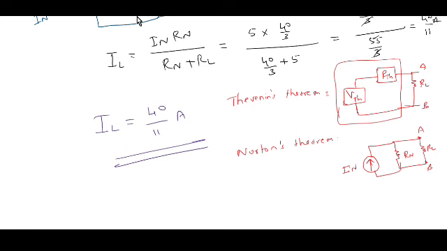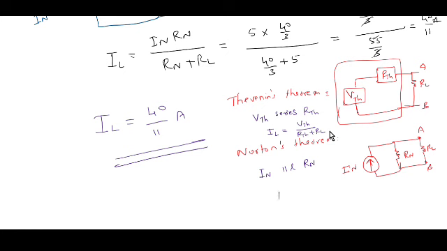The difference is here V Thevenin is in series with R Thevenin. Here the current source In is in parallel with Rn. Fine. Then the expression for the current we used was IL is equal to total voltage divided by R Thevenin, total resistance, plus R load.